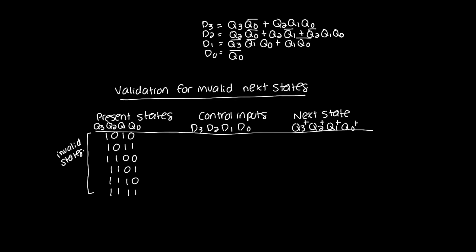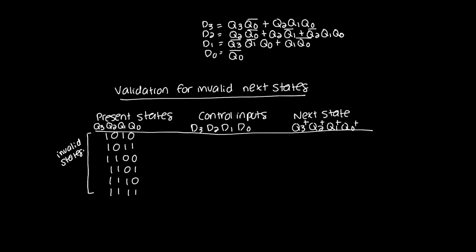Usually I like to go one flip-flop at a time, so let's start with D3. I've got this kind of monster expression for D3 here. I mean, that's not that bad, but definitely will be simpler for a JK flip-flop. I can almost guarantee you that.